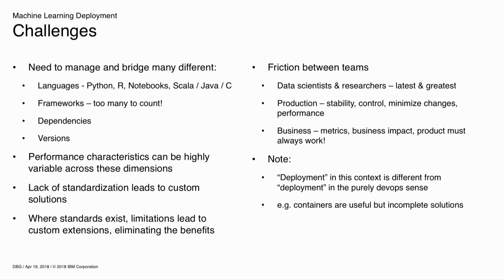So across all these frameworks, I sort of mentioned it a bit earlier, the performance characteristics can vary widely. The production team would like stability and performance. Ideally, they would like one system, one runtime, where they can understand it really well, manage the dependencies, manage the performance, and have certainty that any new model pushed into that system is going to have a reasonably predictable performance characteristic.